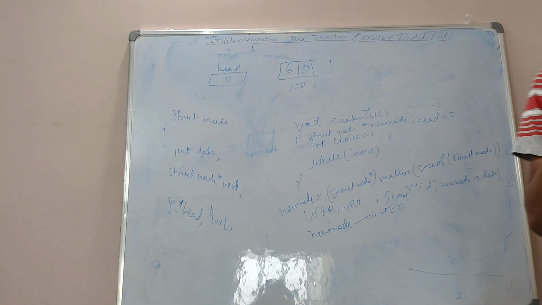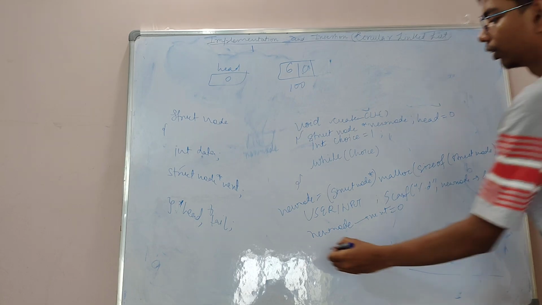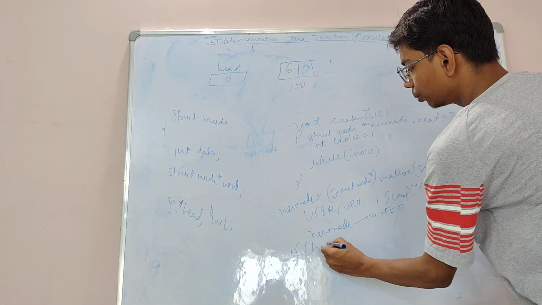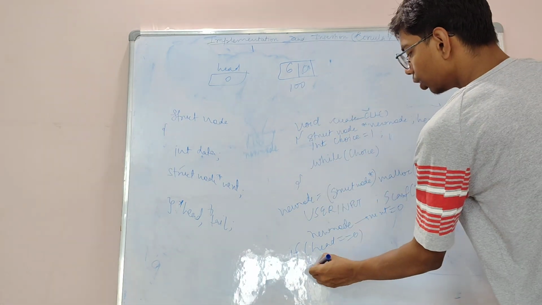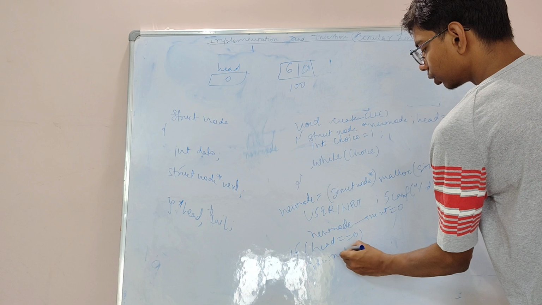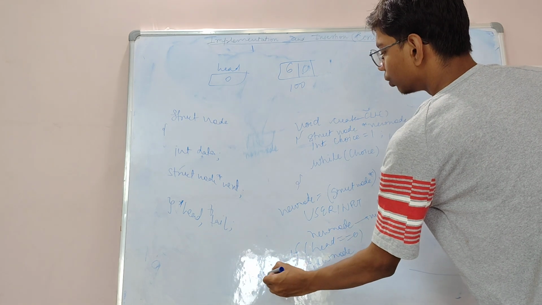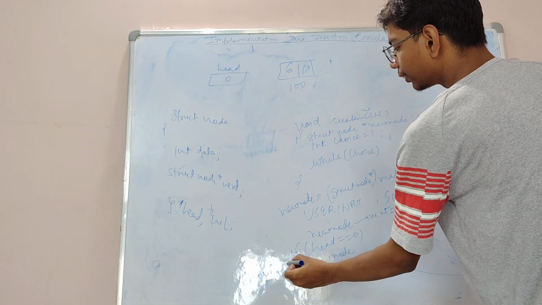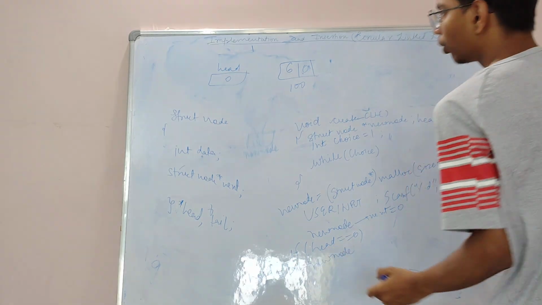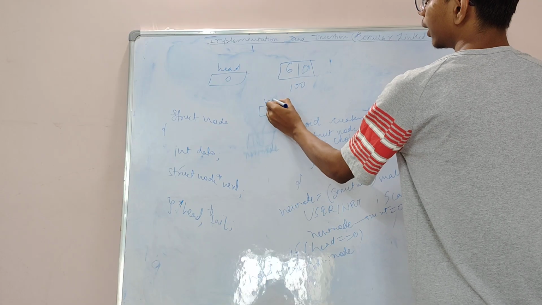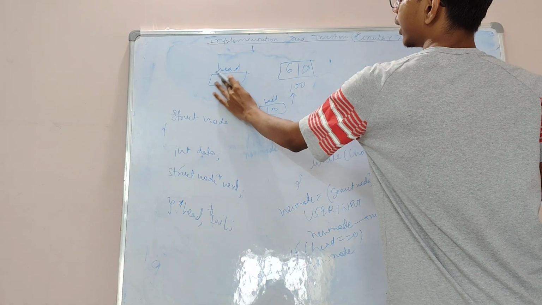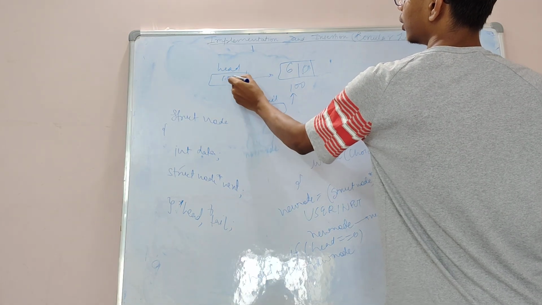And now suppose if head is 0, right, here head is 0, so head will be equal to new node, and this will also be equal to tail, because here it is 100 and tail is pointing here. Here is head and this is also pointing here, right?